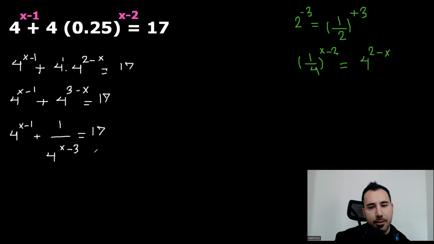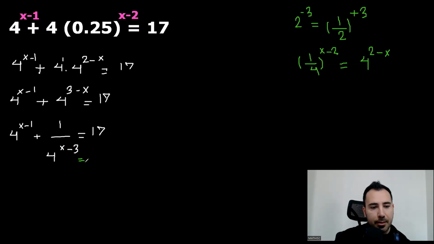Now they are very close, aren't they? I could write this 4 to the power of x minus 3 as 4 to the power of x minus 1 multiplied by 4 to the power of negative 2. Do you agree with this? If I write it this way, then they match.